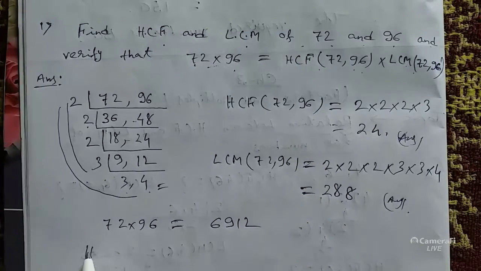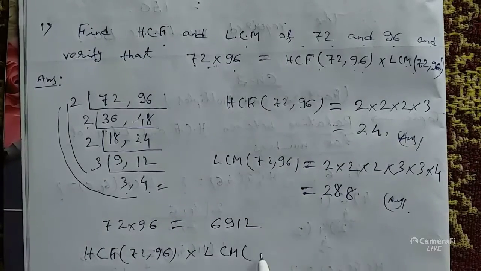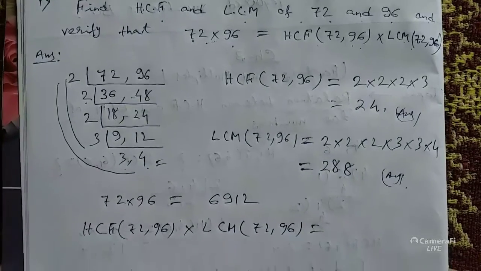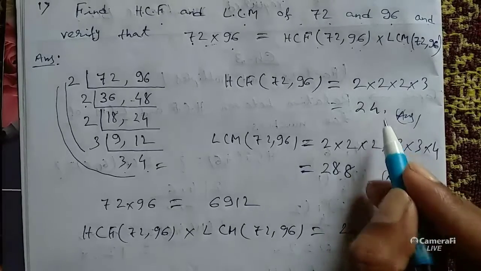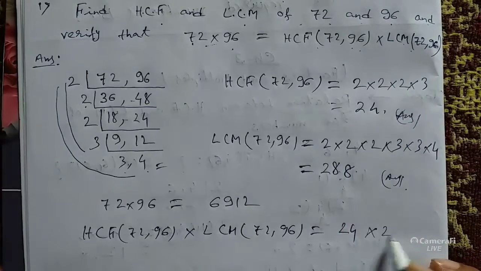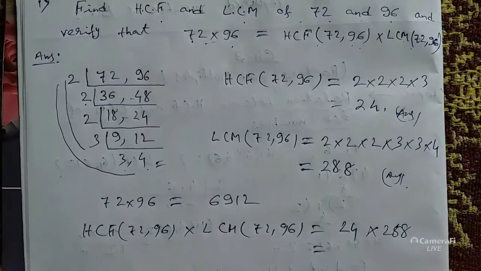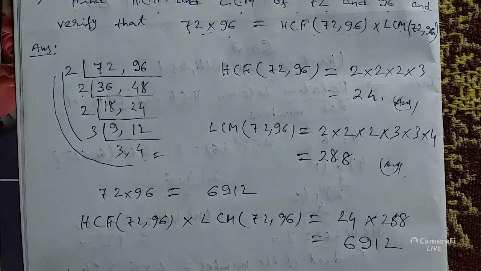If we multiply HCF of 72 and 96 by LCM of the same numbers, that is, HCF is 24, LCM is 288, and if we multiply these two, we get the same result, 6912.